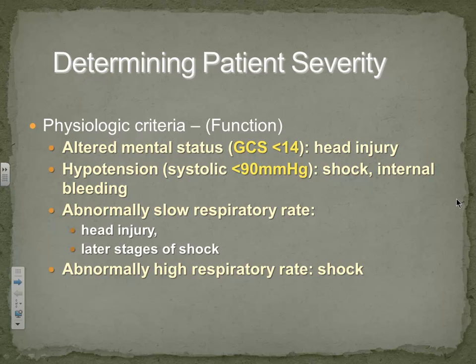So if you have a patient whose vital signs are, say, let's see, respirations 14, blood pressure 106 over 72, and what's the other one? Pulse is 118.